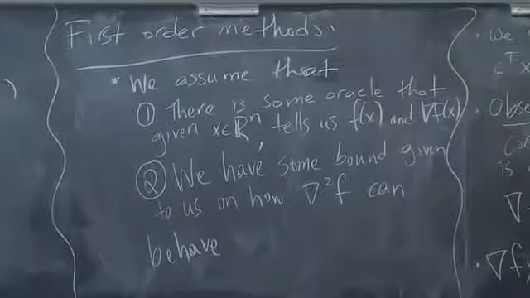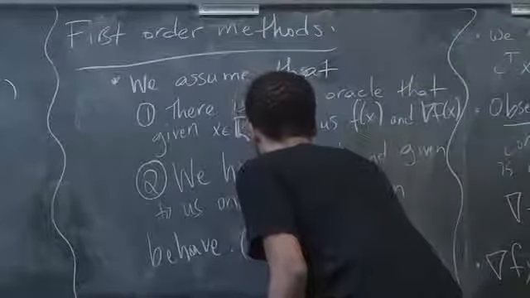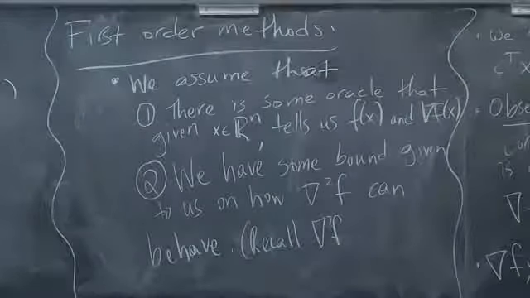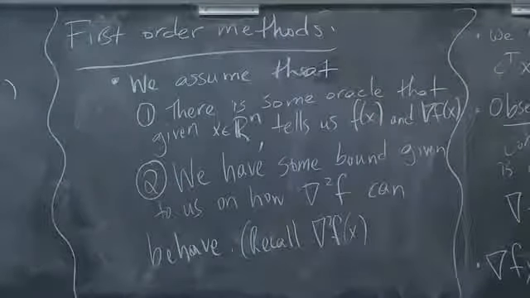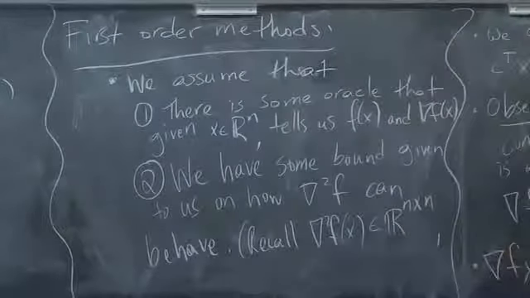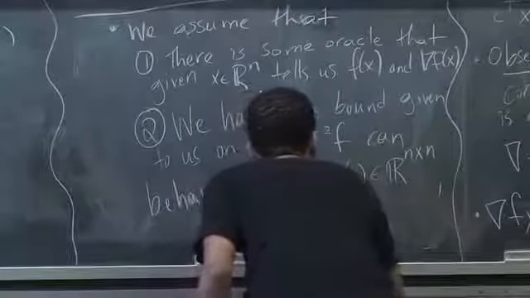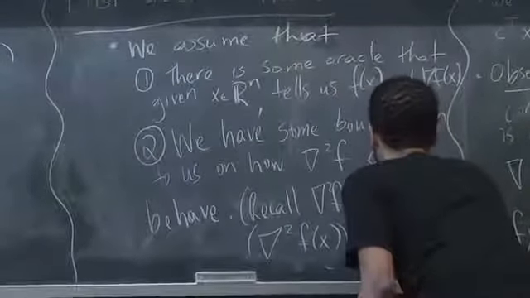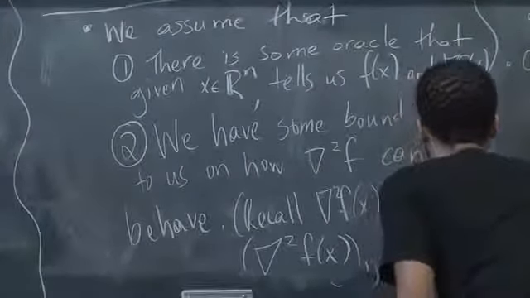Okay, so let me remind you that the Hessian at any point x is a matrix. It's an n by n matrix where the ij-th entry, del squared of f of x, ij, is equal to d squared over del xi del xj of f of x.